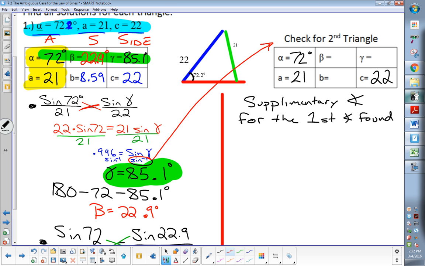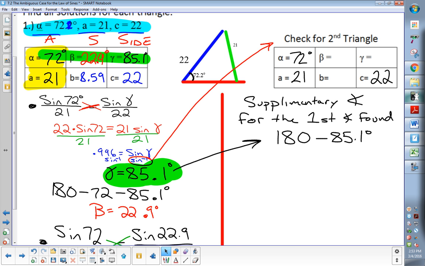They add together to get 180. So if I want to find the supplementary angle, all we're going to do is take 180 minus whatever the first angle that we found was. 180 minus 85.1 degrees. And what that's going to do, it's going to find me the second version of what this angle could be. It could be 85.1, or gamma could be whatever 180 minus 85.1 is, which is 94.9.